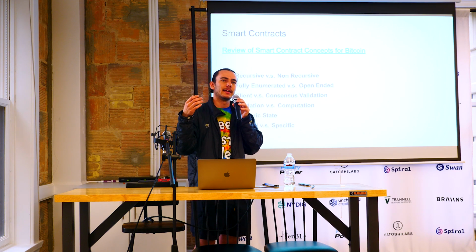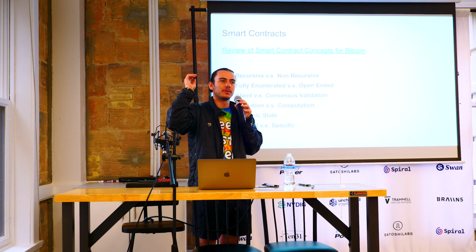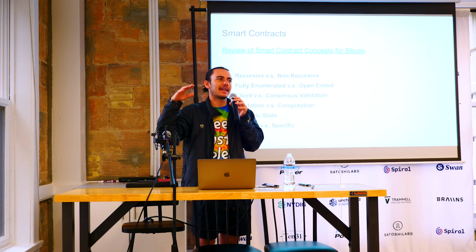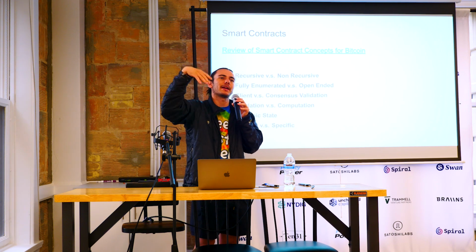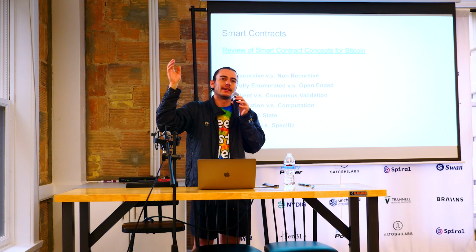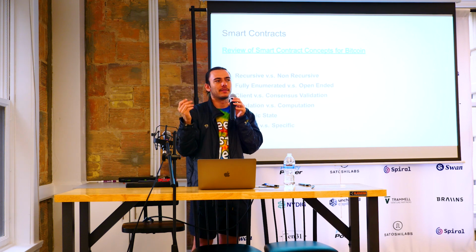A recursive covenant is something that can perpetuate itself indefinitely. So you say, these funds are going to be in, let's say, a discrete log contract that is a recursive one. You're able to take out maybe some of your earnings, but perpetually the rest of the funds have to stay in and get rolled cycle to cycle, always under the control of the oracles you originally selected. That's a recursive covenant.